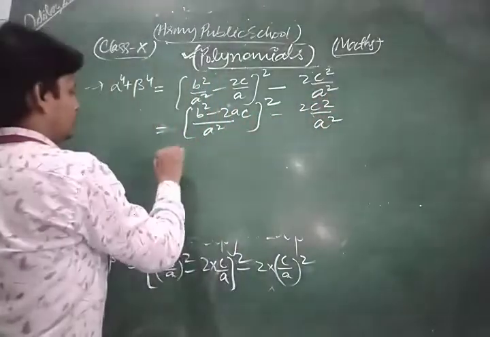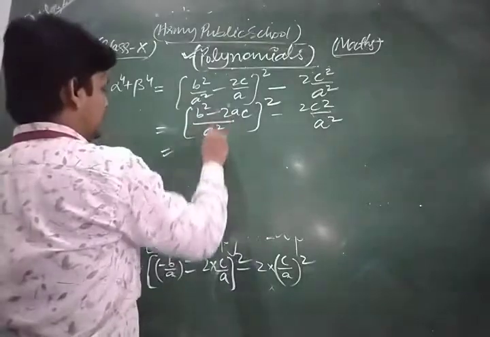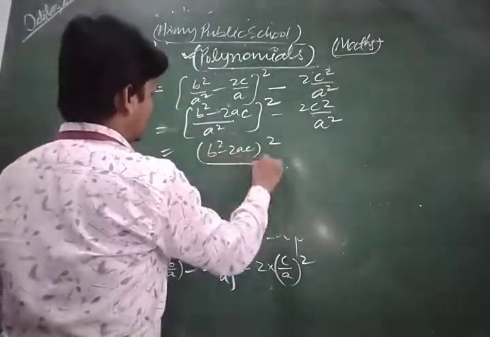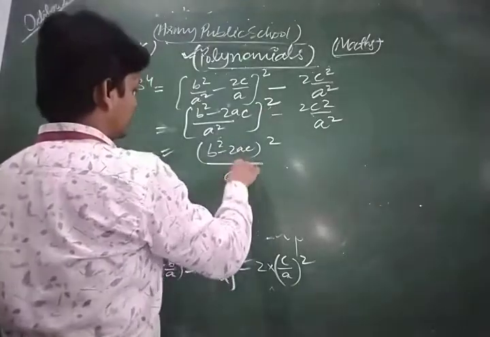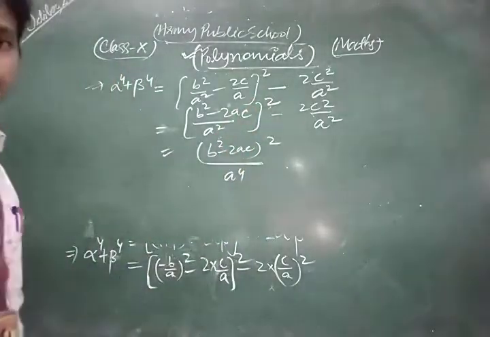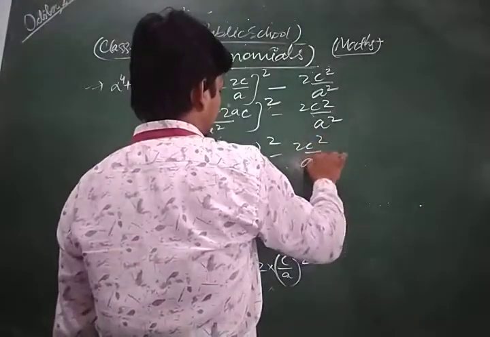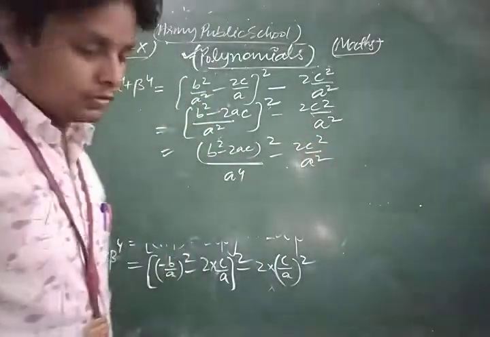Now we break the brackets, so we get b square minus 2ac whole square upon a to the power 4, and minus 2c square upon a square.